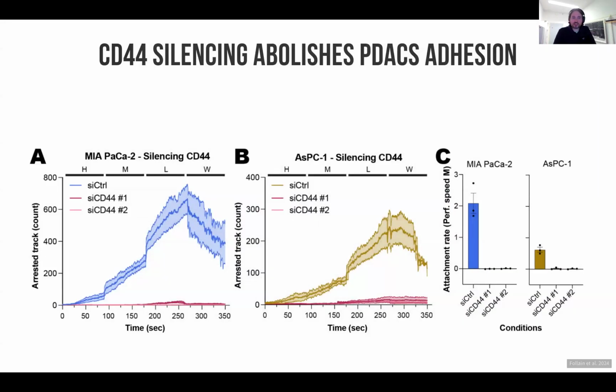And so here is the quantification for this. So the data are very black and white. If you silence CD44 in the cancer cell, you completely stop, or almost completely stop, the ability of the cell to attach in both MIAPACA and SPC1. And we can do that using a siRNA or with blocking function antibody. And I'm not showing those data here for the interest of time.